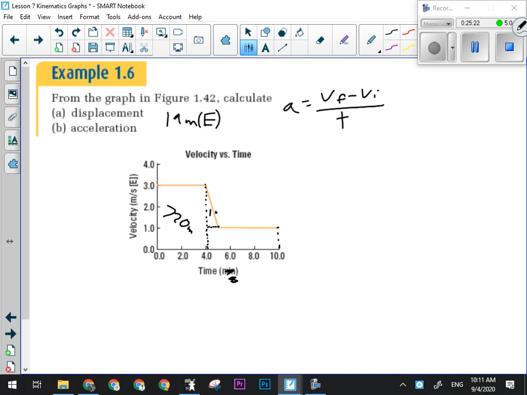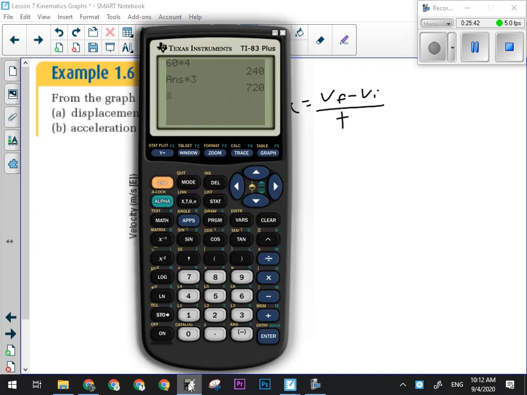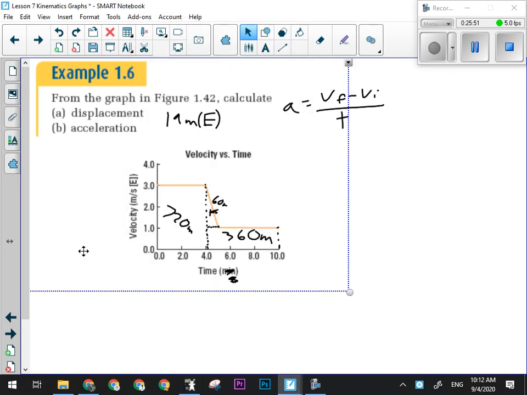Okay, 720. This is going to be 60 seconds here, so that'll be 60 meters in there, and then 360. I shouldn't do stuff in my head, but I think that's where we're at. So 720, 60 plus 360, 1,140 meters east.